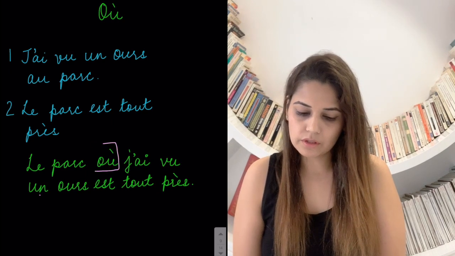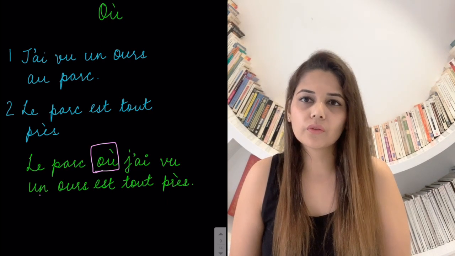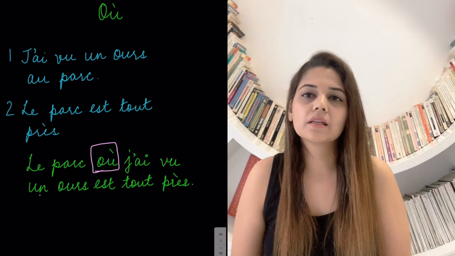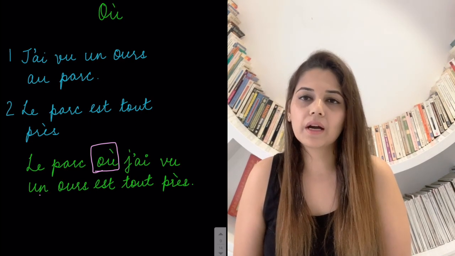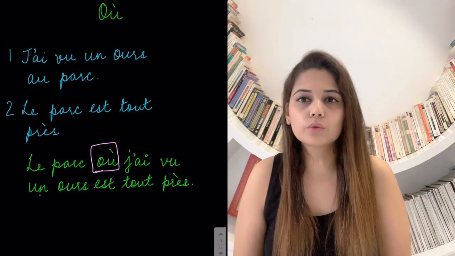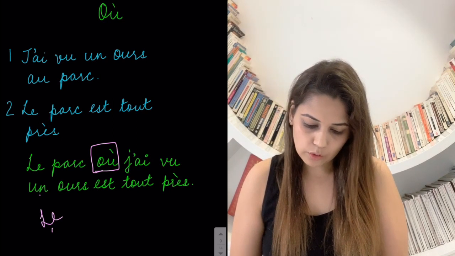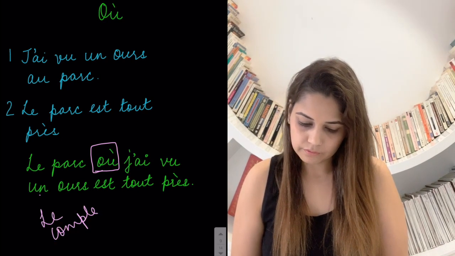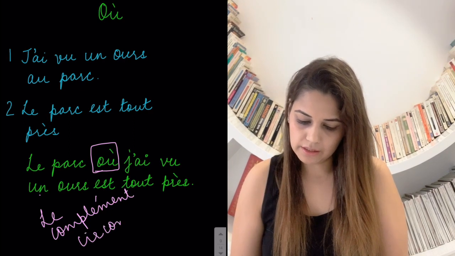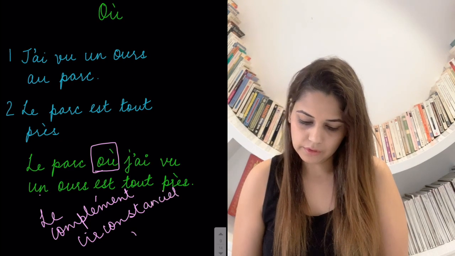So ou is used to replace le complément circonstanciel de lieu. That means ou is used to replace the repetition of le parc. That means the place is being replaced through ou. So in here ou is used to replace le complément circonstanciel de lieu.